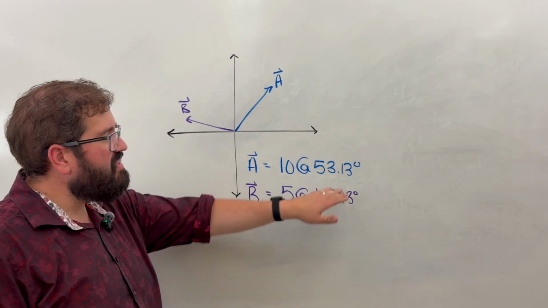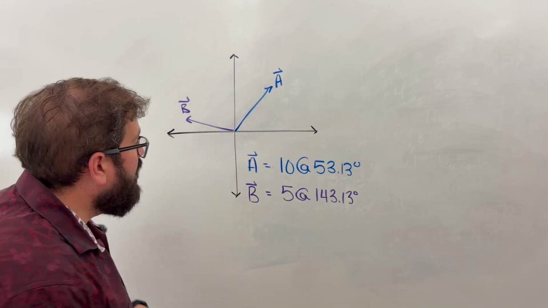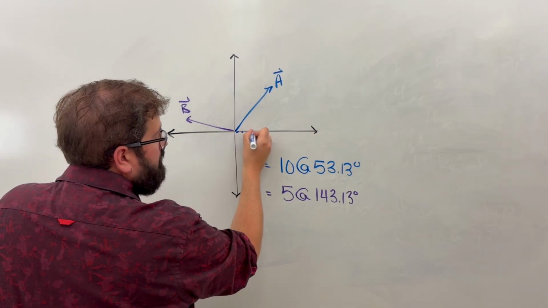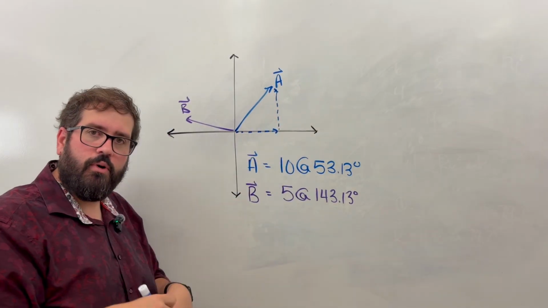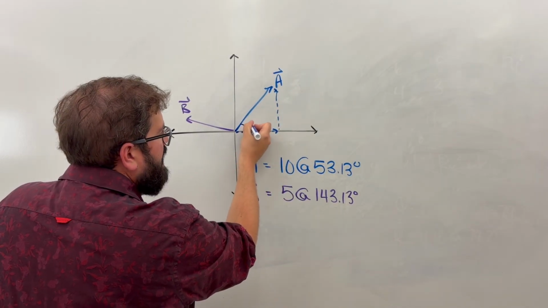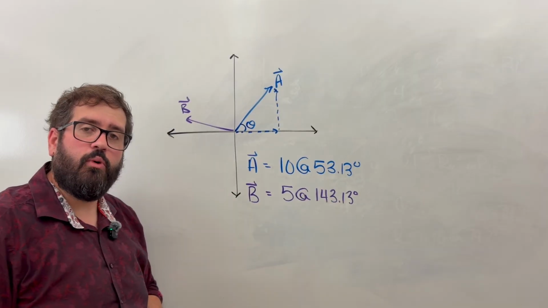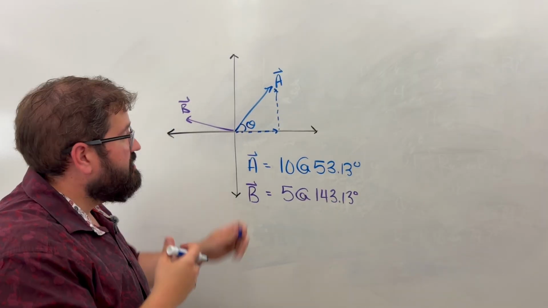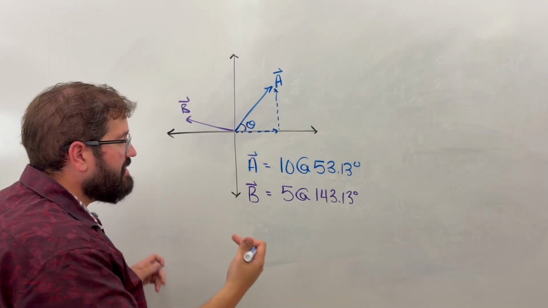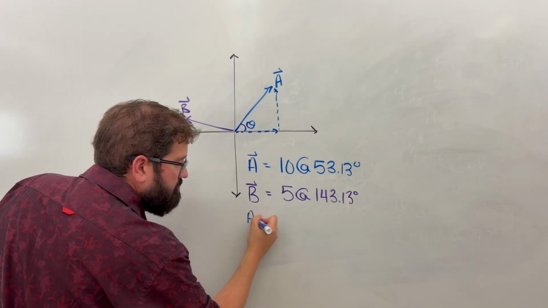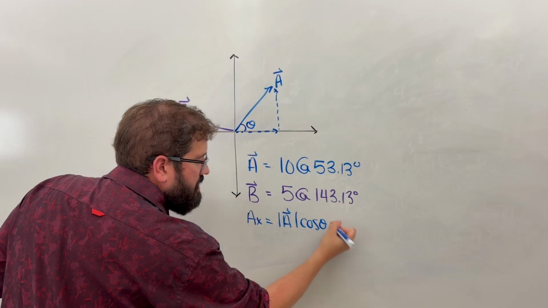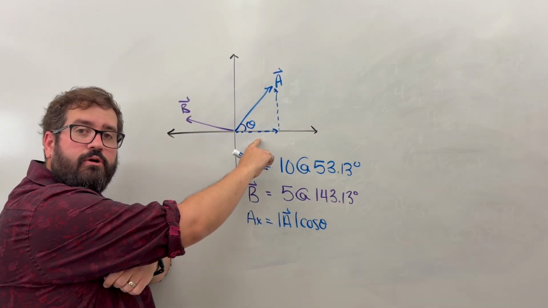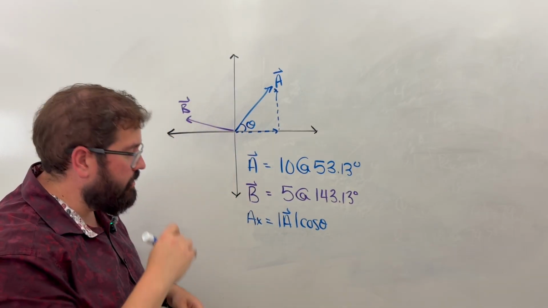Now, to find the components of vector A, I need to figure out what its x, or its horizontal, and its y, or vertical components are. And we happen to know the angle right there is 53.13 degrees. At this point, the math isn't too hard. I can say that the x component of vector A is the magnitude of A multiplied by cosine theta, because the x component right here is adjacent to that angle.